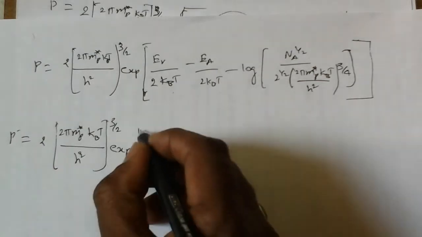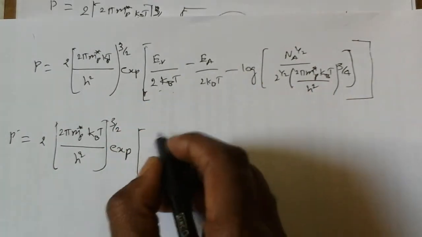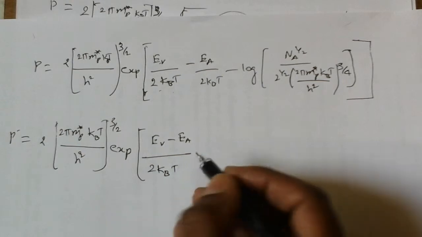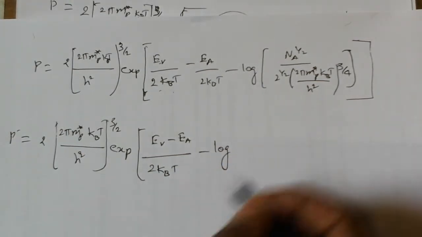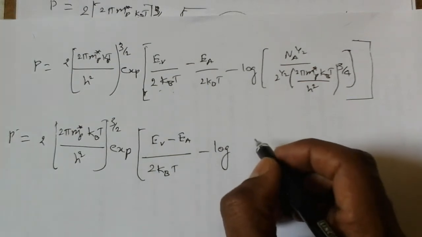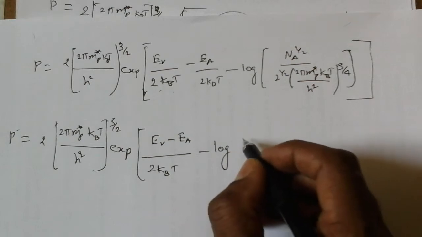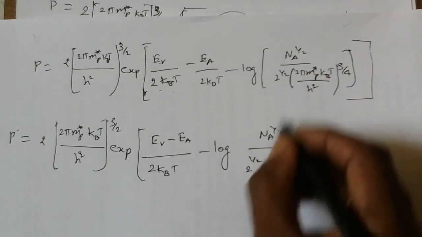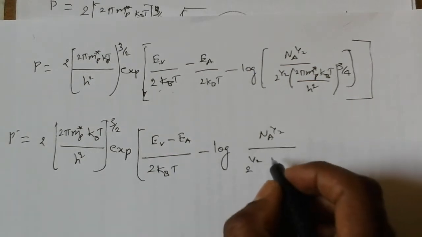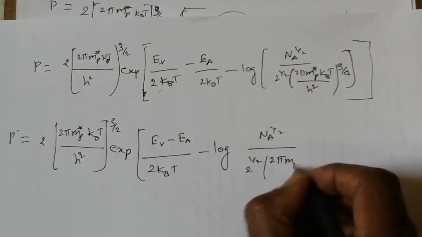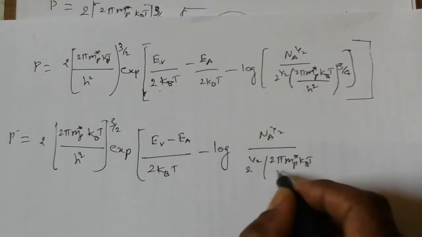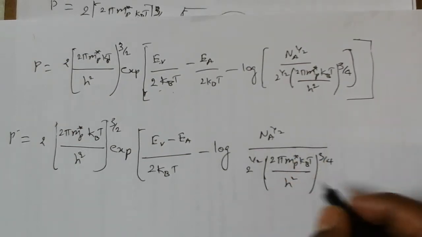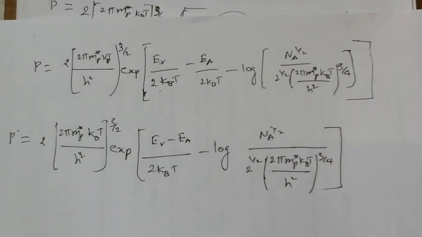We can have E_V by 2 k_B T, E_A by 2 k_B T. So we can write E_V minus E_A by 2 k_B T minus log of N_A power 1 by 2 by 2 power 1 by 2 as it is, 2 pi m_p star k_B T by h square, whole power 3 by 4. Like this we are done.